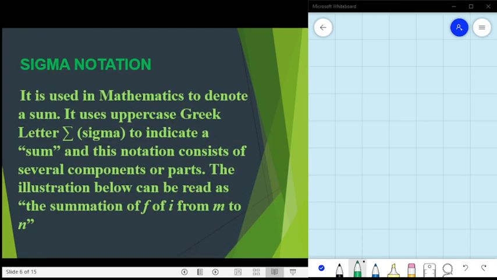Okay, what is sigma notation? It is used in mathematics to denote a sum. It uses the uppercase Greek letter sigma to indicate a sum. And this notation consists of several components or parts. The illustration can be read as the summation of f of i from m to n.